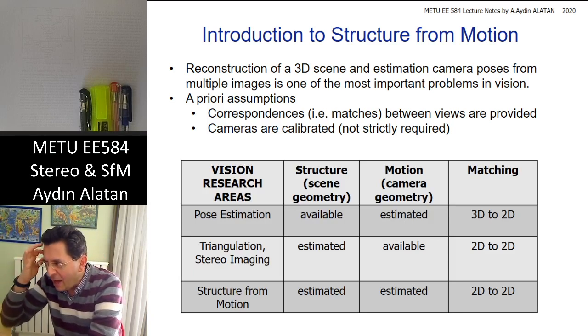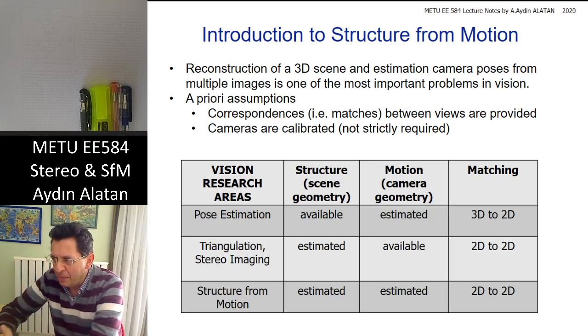Okay, now I'm going to basically go step by step. I'm going to examine 3 problems. One of them is pose estimation. The second one is stereo imaging. And then I'm going to talk about structure from motion, a general solution from multiple cameras.